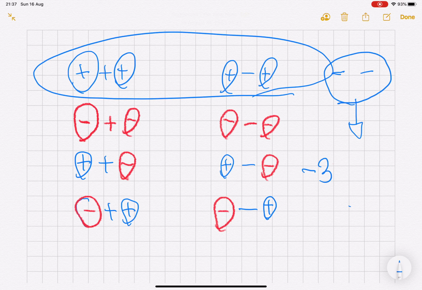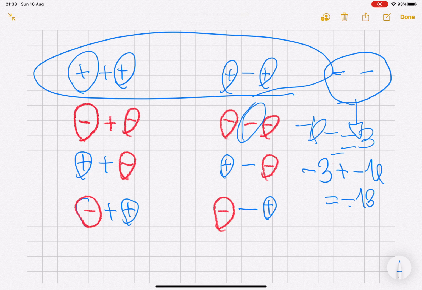Minus 3 plus minus 10 is equal to minus 13. And the other side does the opposite, as 10 minus 3 is equal to 7.